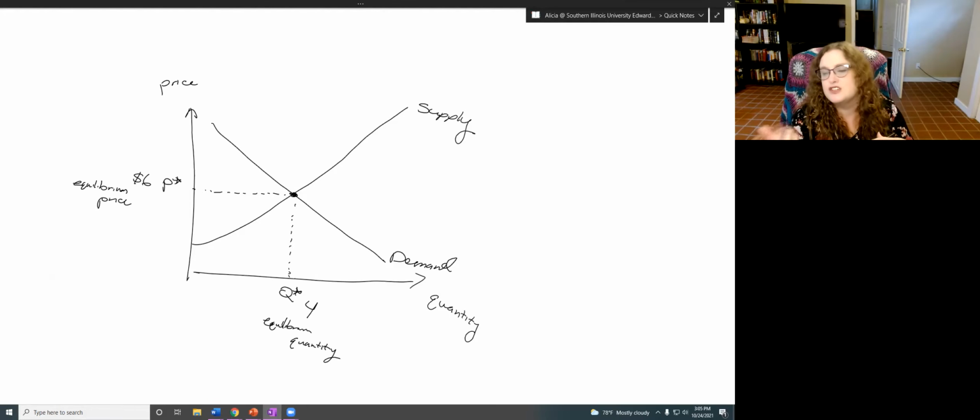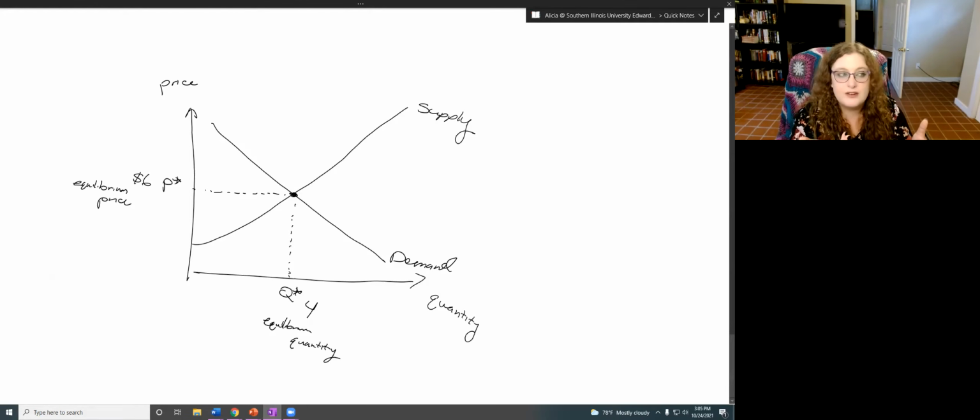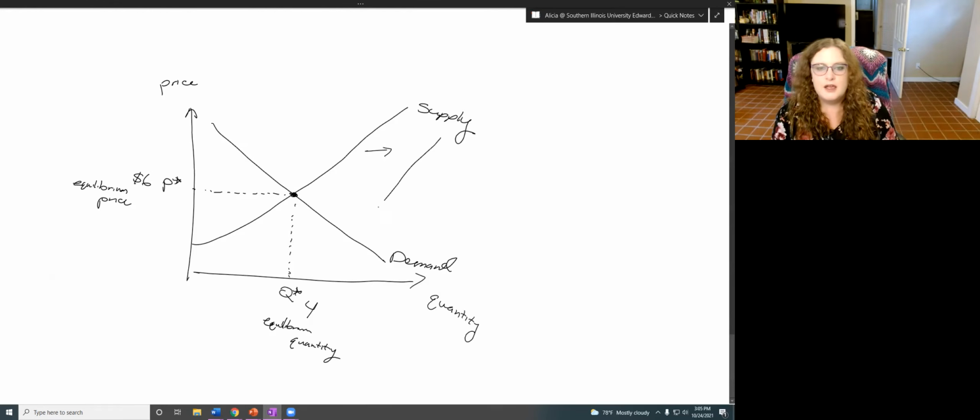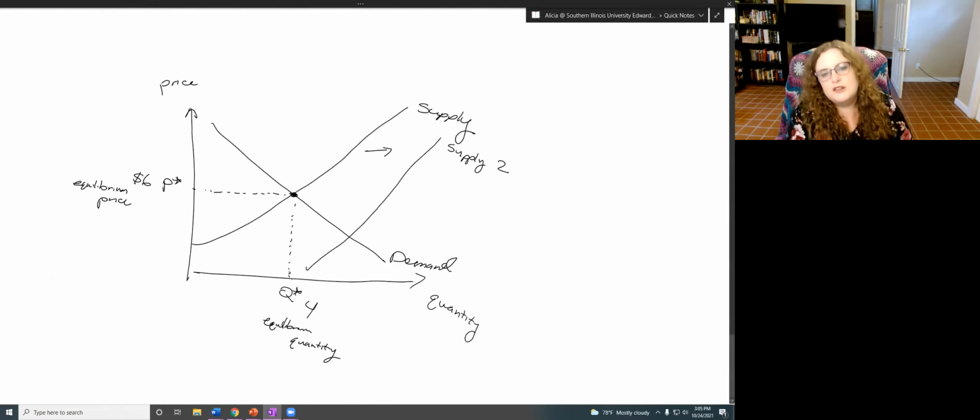But maybe supply might shift. Maybe demand might shift. Maybe there's some sort of other factor that happens to it, right? So for example, if we have a shift in supply, maybe milk prices are cheaper and we go to supply 2. Notice that equilibrium shifts. If it's now way cheaper to produce lattes, well, our Q star might change.